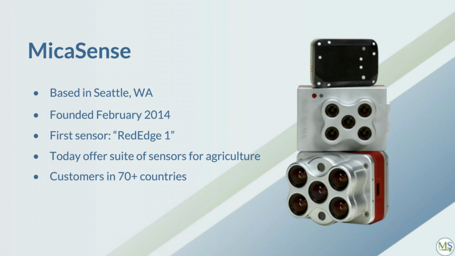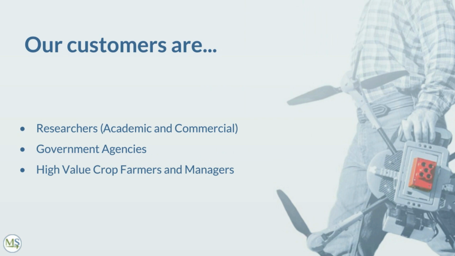The people that are using our sensors generally fall into these 3 categories. So researchers, that could be academic or commercial, really anyone who's doing research that is associated with a plant canopy. So you could think of people doing plant breeding or plant physiology research or forestry research, conservation research, really anything that is associated with a plant canopy.